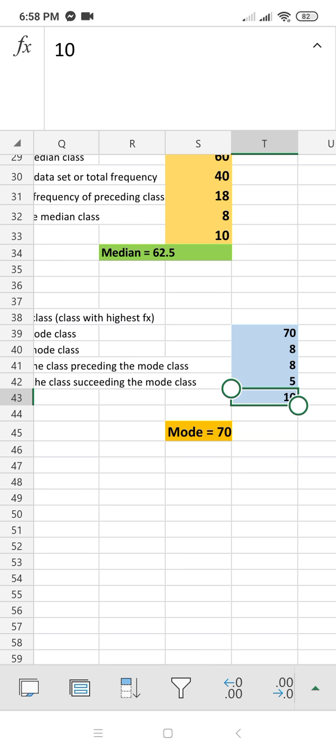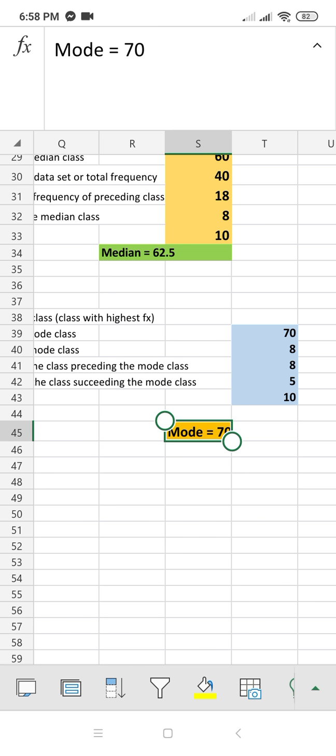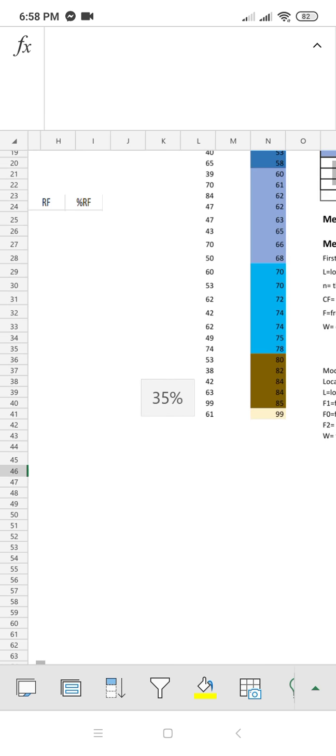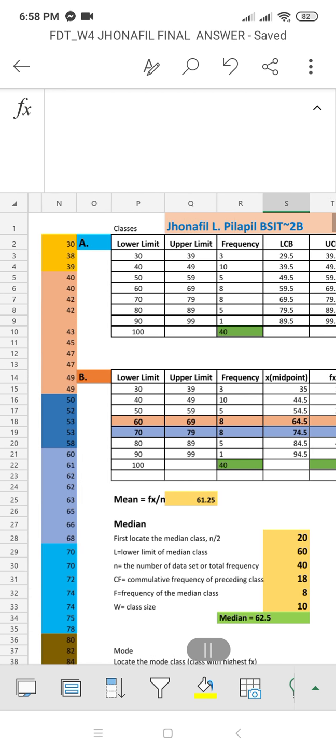The formula to get the mode is Z equals L plus parenthesis of f1 minus f0 over 2 times f1 minus f0 minus f2, and multiply it by w. So that's how we get the mode. Our mode is equal to 70. That's all.